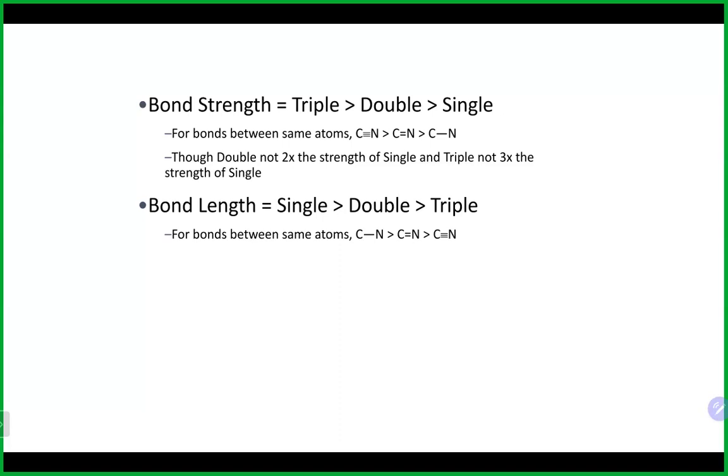What I mean by that is a double bond is not twice as small as a single bond, and a triple bond is not 3 times as strong as a single bond or anything like that, but that's just the general trend. I think of it like a pencil. If you have a brand new pencil right out of the box, you could take that thing and snap it pretty easily, right? It's going to crack in half, no problem.